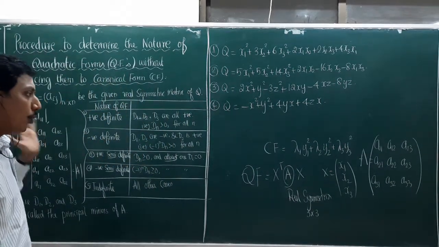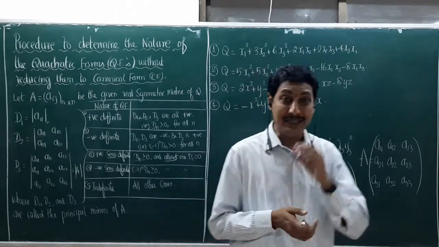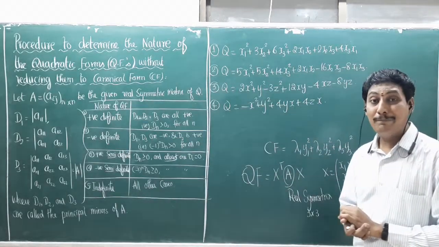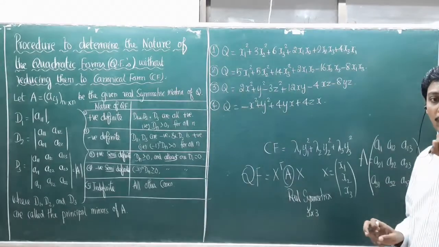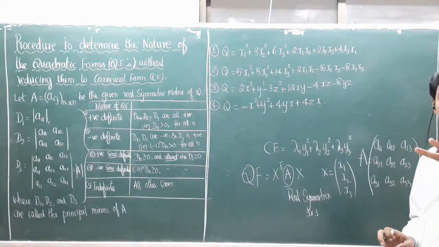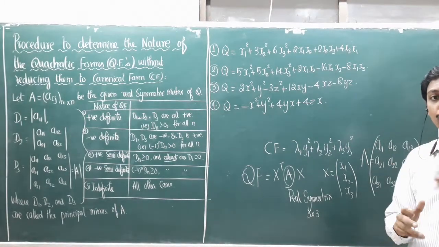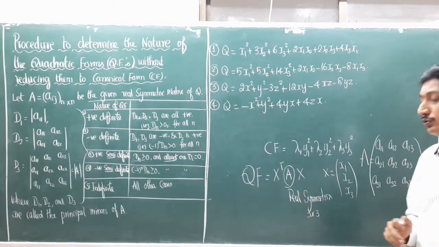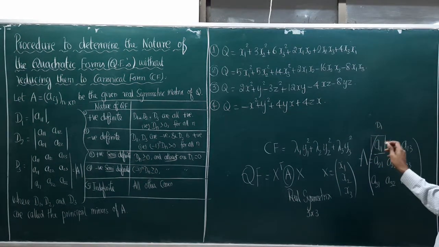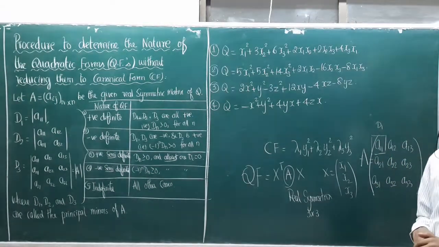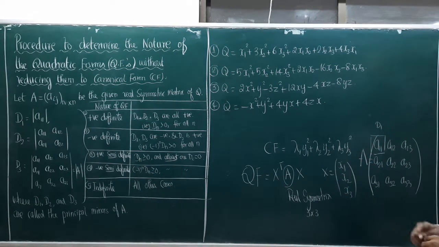Now I am going to determine the principal minors. What does principal mean? Principal means the leading diagonal elements A11, A22, A33. With the help of these three diagonals, I am going to introduce three determinant values. The first one is called D1. D1 is the first principal determinant, through the first diagonal element.